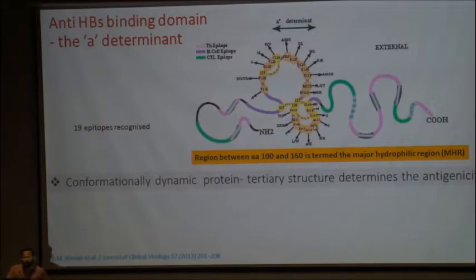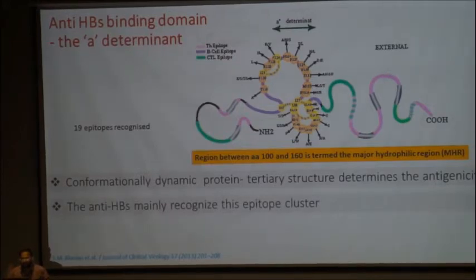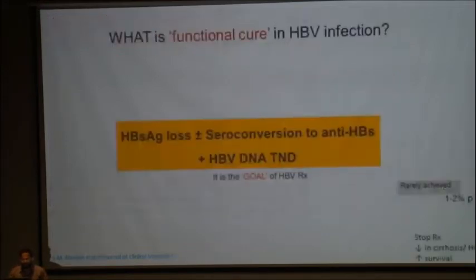HBsAg is a conformationally dynamic protein, and its tertiary structure determines its antigenicity. The anti-HBs may recognize these epitope clusters. Not every anti-HBs may recognize all 19 epitopes, and the number of epitopes recognized will determine its effect. I'll come to that later.